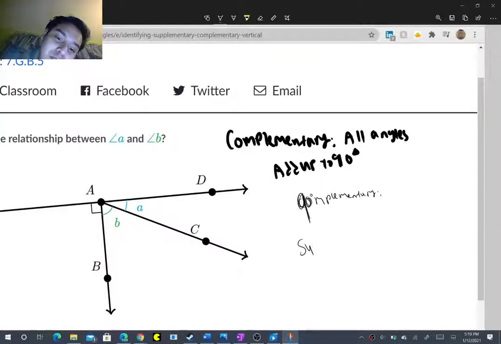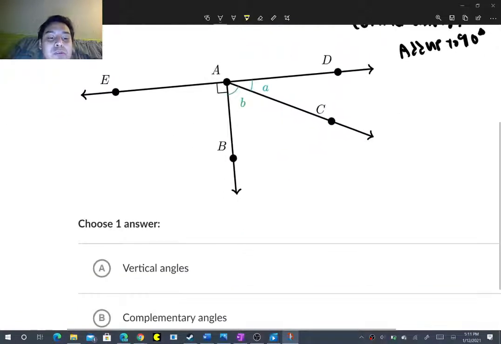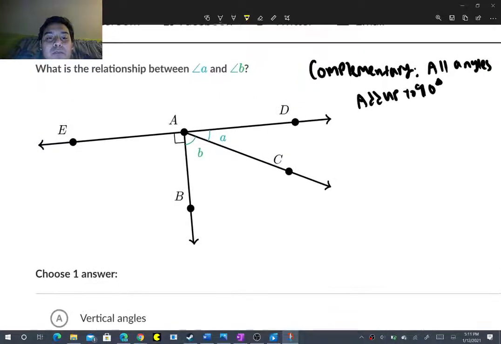If you have supplementary, think of the S as an 8, so that should tell you this is 180 degrees. So that's the little trick if you want to remember what complementary and supplementary are. That definitely did help me. I know that not everybody's the same though, but yeah, that's what it means.